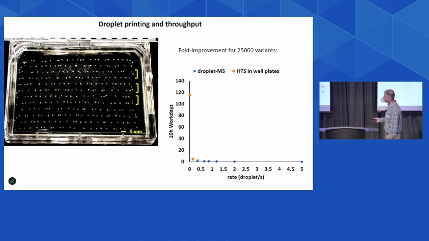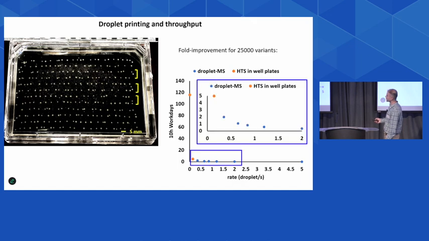One faster report of this system with solid phase extraction reports a faster throughput, but still it's not near the workloads that we can have with our droplet MS technique. You see here at the faster rates, we can complete this evolution cycle within a day.